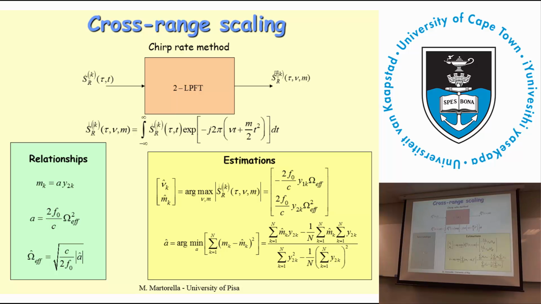So A for me is exactly that. Do you see? There's a linear relationship between the chirp rate and the range position. So if I have a scatterer here, and I have another scatterer, the chirp rate of that scatterer here will be dictated by this relationship, and me too.